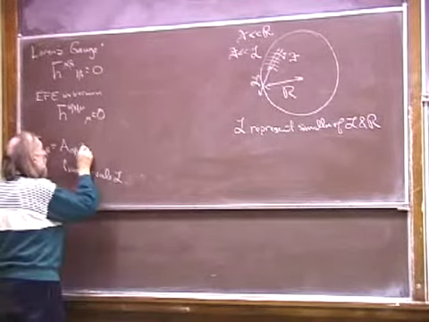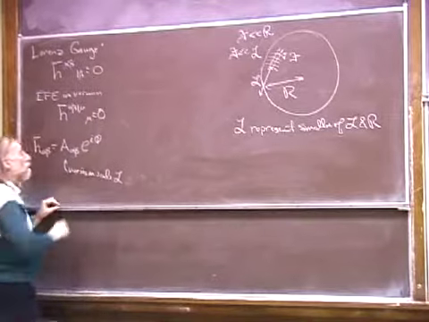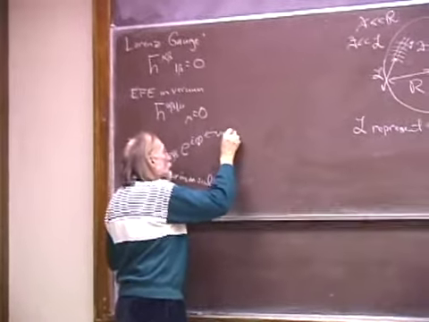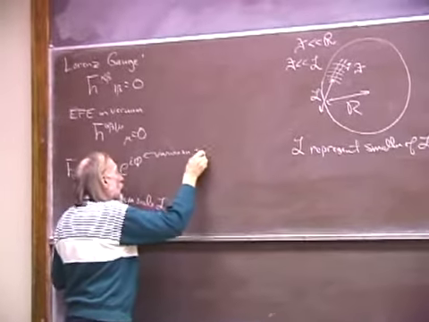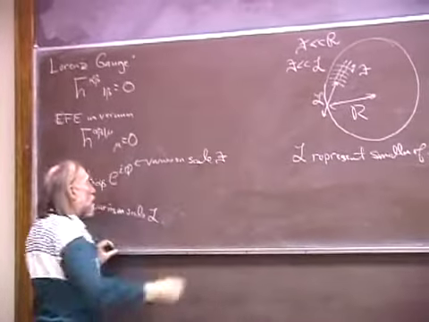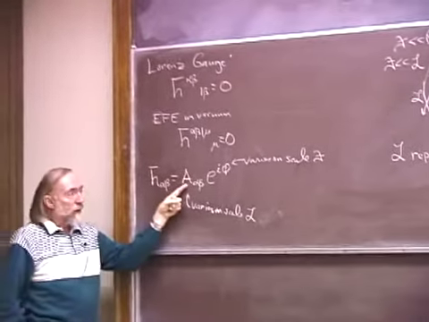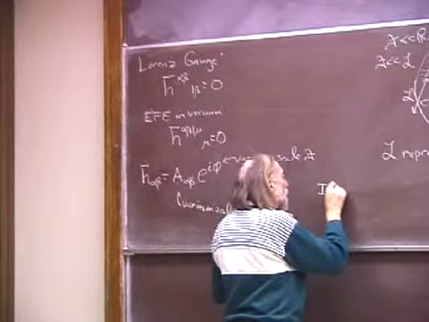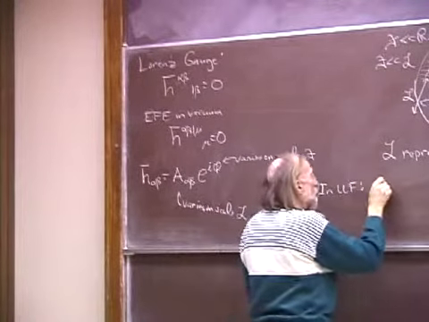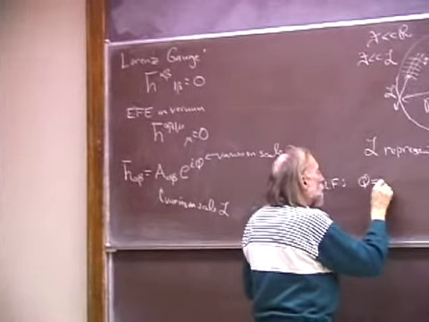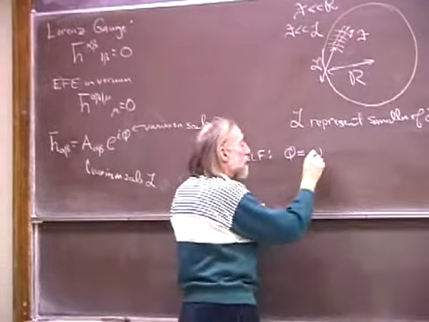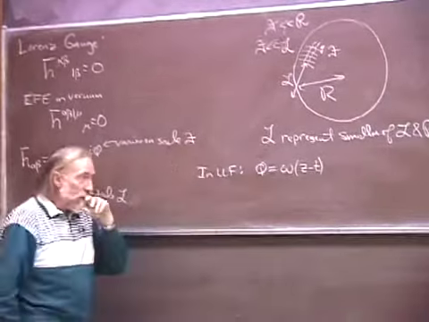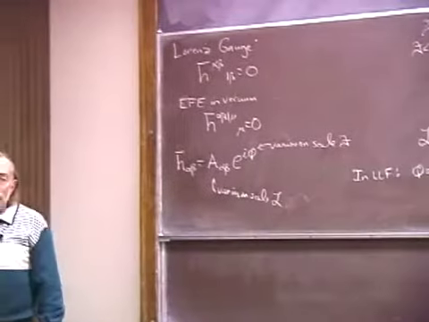And then we have e to the i times the phase, and the phase varies on the scale lambda bar, which is very short compared to the scale on which A varies. And I remind you that in a local Lorentz frame, the phase is just equal to omega, the angular frequency, times z minus t if the wave is propagating in the z direction, and if it's monochromatic.